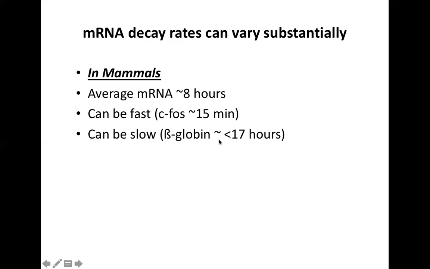For example, in case of beta globin, which is part of your hemoglobin. So you have got two globin parts, alpha globin and beta globin. So in case of beta globin, it can live as long as 17 hours before the mRNA molecule gets destroyed.